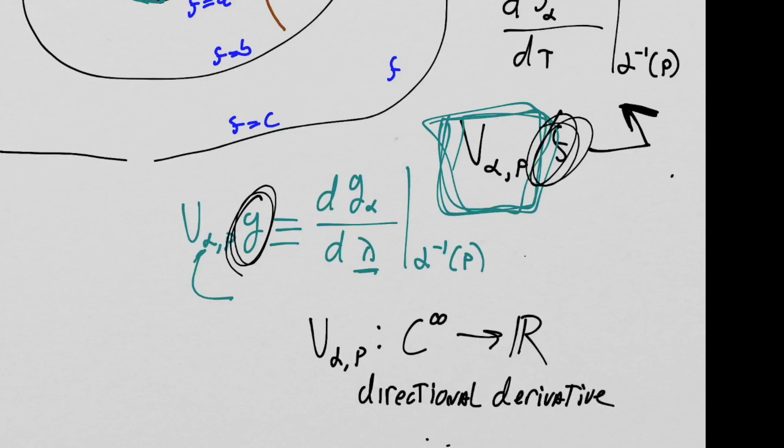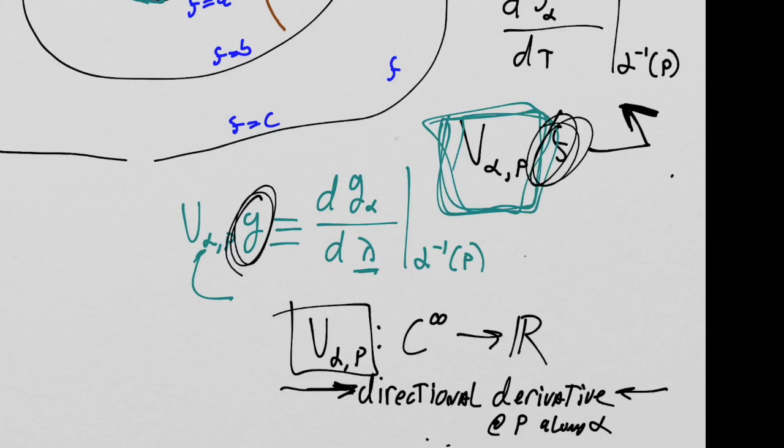And when I say I'm going to call it, that's absurd. That's what this is called, right? I'm introducing the term, but it's standard language. This is the directional derivative at P along alpha.